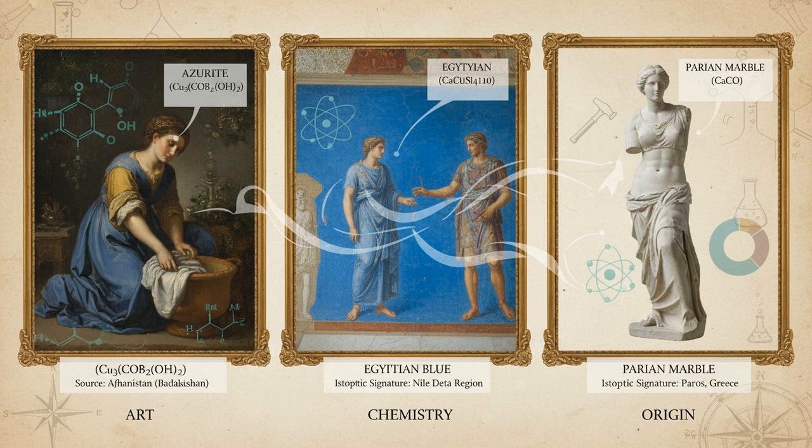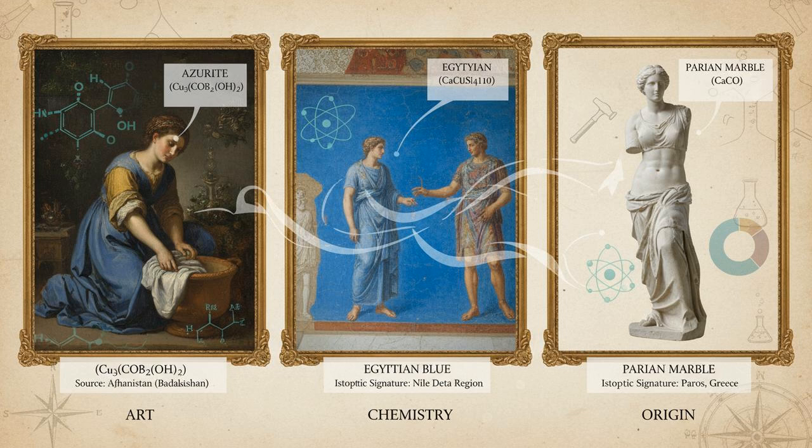Marble also presents a puzzle. White marble statues from Greece and Rome often look identical to the naked eye. Is it Parian marble, Pentelic, Carrara? Scientists use a combination of carbon-13 and oxygen-18 isotopes to tell them apart. Naxian marble has a distinct, heavy oxygen signature.